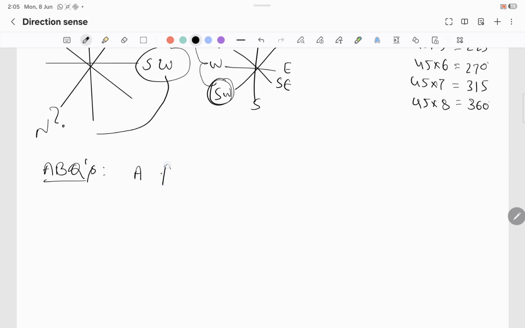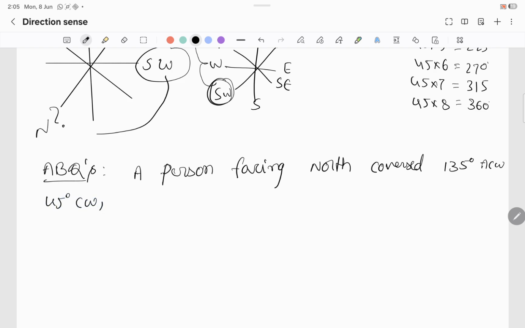A person facing north covered 135 degrees clockwise, then 45 degrees anti-clockwise, then 45 degrees clockwise, and 180 degrees clockwise. Now he is facing?